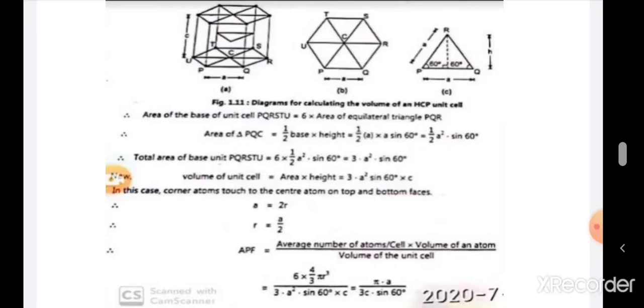When I multiply by 6 the area of the triangle, I will get the complete area of the hexagon. As you see in the B diagram, there are completely 6 triangles.